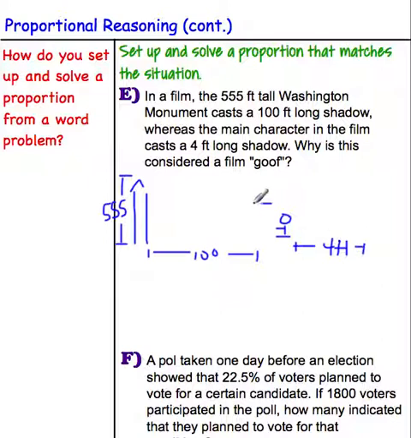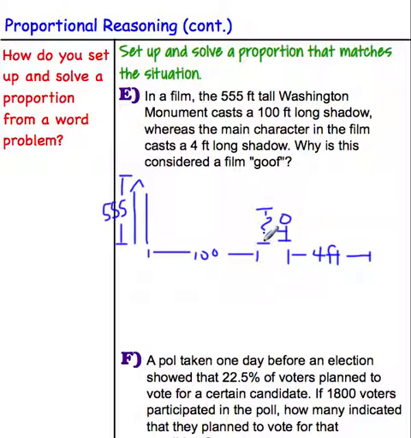And clearly it means we don't know. Oops, let's fix that so it's easier to read. So we want to know why this is a goof.